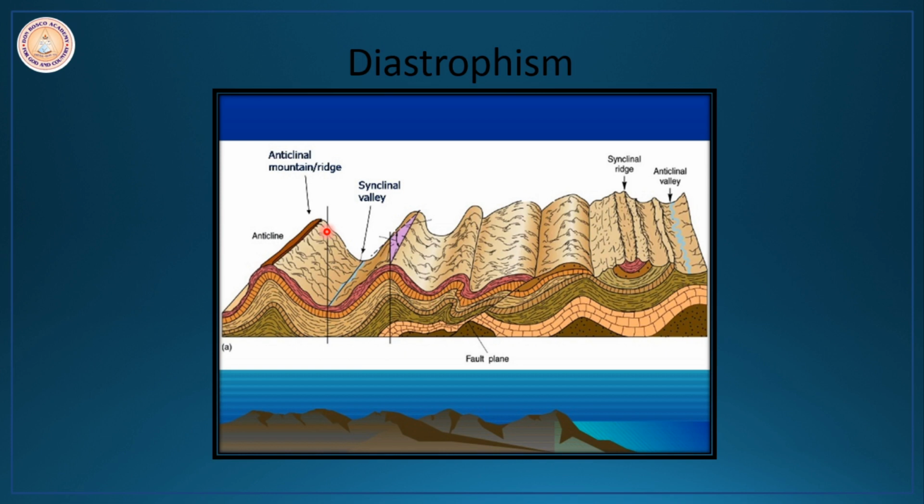Now, diastrophism denotes all the processes of major deformation of the Earth's crust that produces continents, ocean basins, mountains, etc. So, because of this diastrophism, we can see how mountains have been formed, how synclines have been formed, how fold mountains have been formed which are so much inclined to one another.